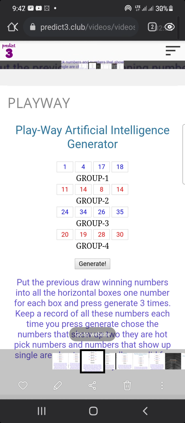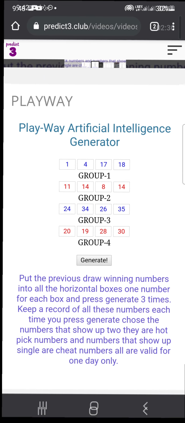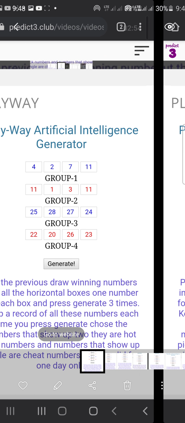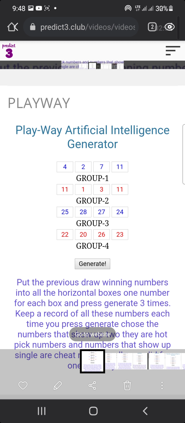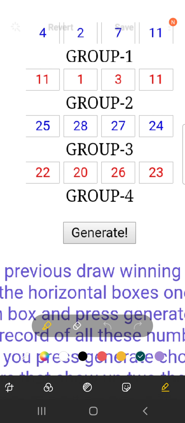Now if you notice also, let me see the numbers that show up in the 20s below. So we have here 20, 30, let me see here, 21. Okay, now if you notice here, I have 20 right here in the first set of numbers that I generated. It shows up 1 time here.